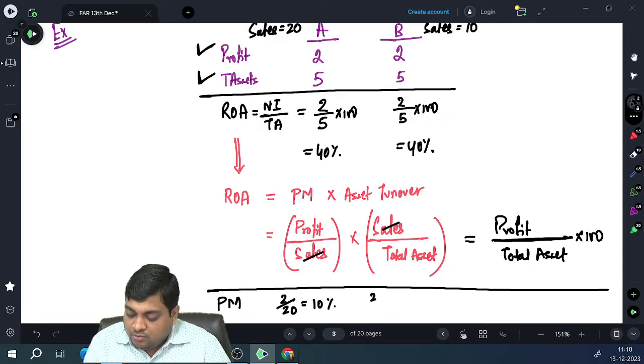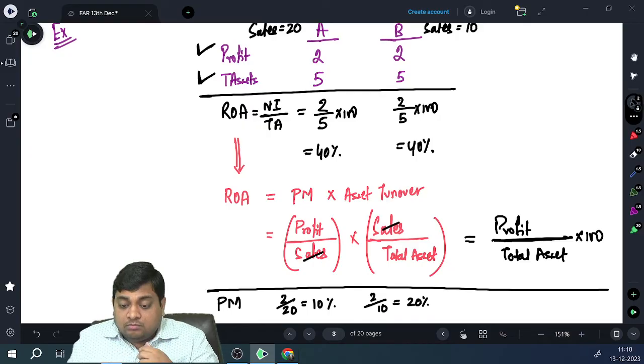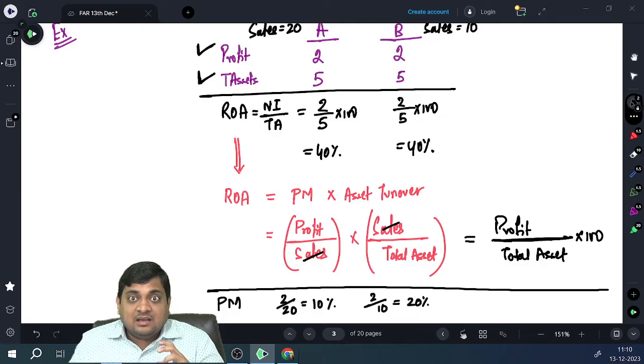And if I do 2 by 10, this is 20%. So they have the same profit, they are giving the same to their investors, but yet company B has a better profit margin.